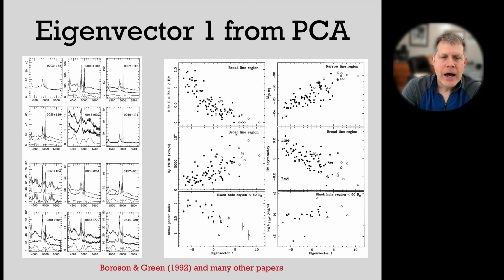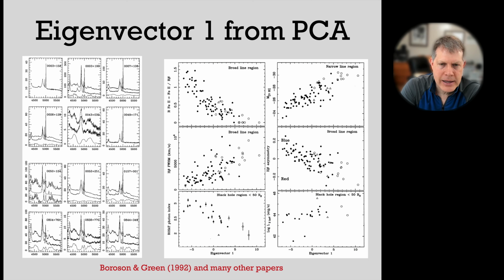And what you find is that once you define this so-called Eigenvector 1, and for now just focus on these top 4 panels, you find that most of the object-to-object differences correlate with each other, such that, for example, objects that have strong optical iron II emission compared to H beta specifically also tend to have weak O III emission, and also tend to have relatively narrow optical H beta full width half maximum line emission.